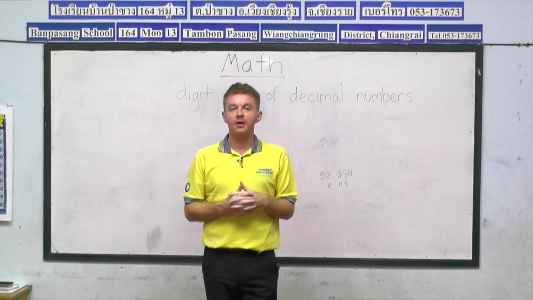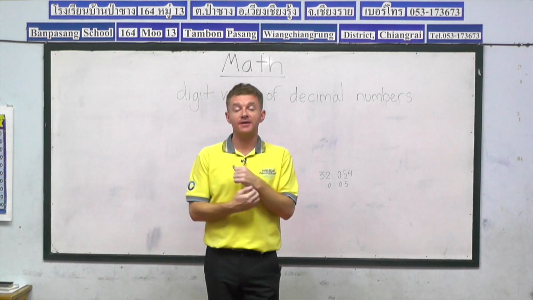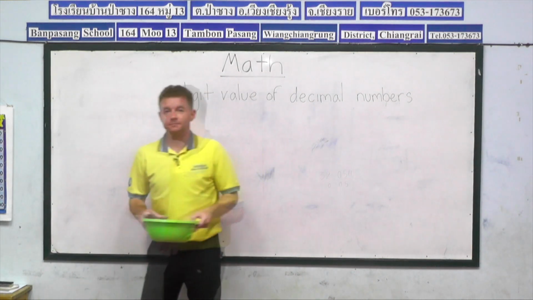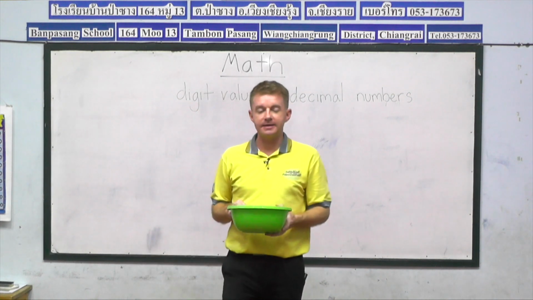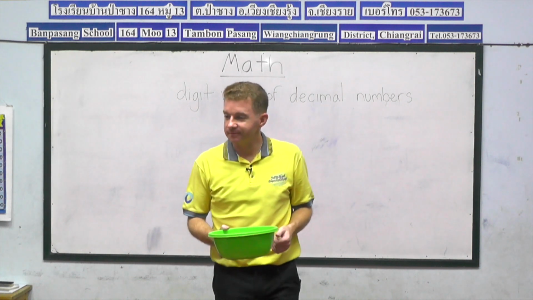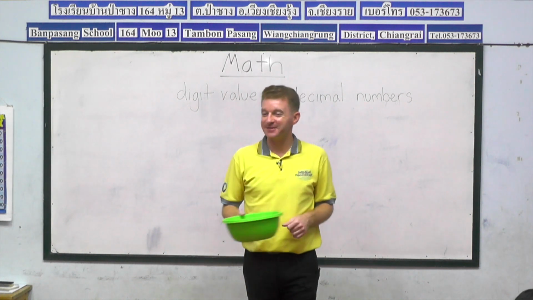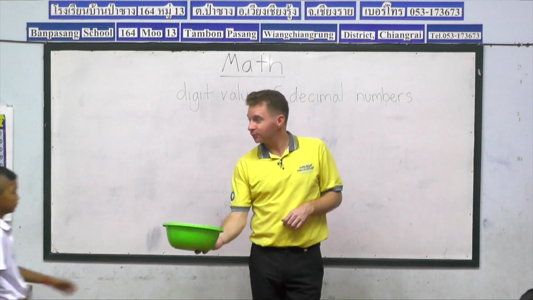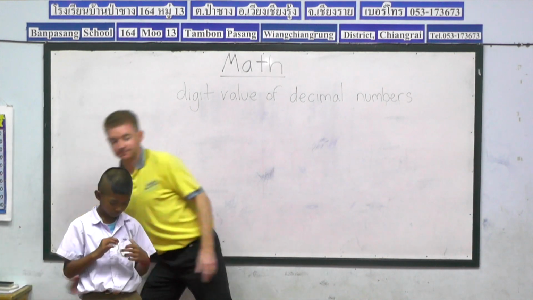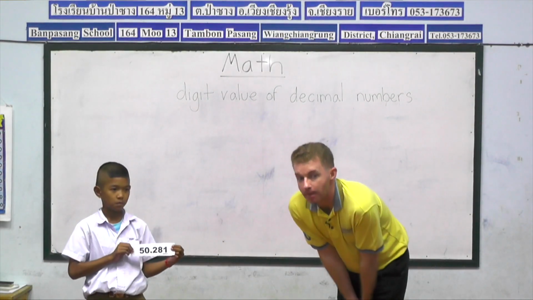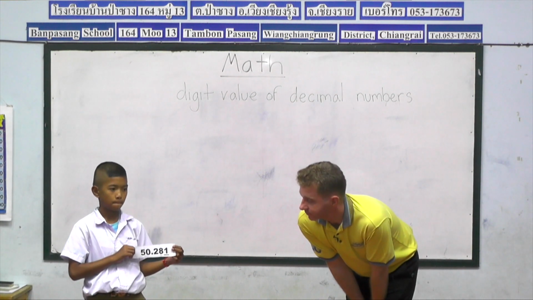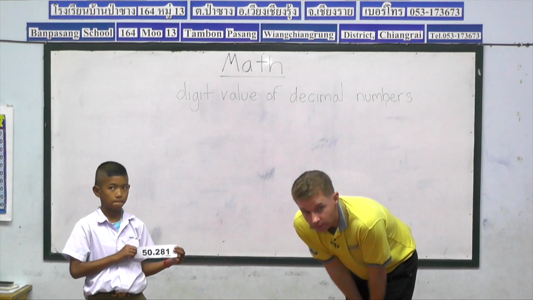Okay, so we're going to carry on and do some more flashcards exercise with different numbers. But first of all, I'll clean the board. And next, I would like to invite, let me see, who can go next? I know, Pat. Come and join me at the front of class, please. Pat, you can choose your flashcard and show it to your friends again, please. Okay, guys, so how about this number? 50.281 is correct.